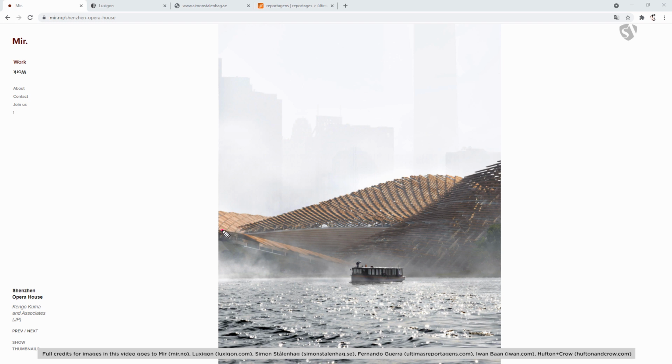And also the fact that this building is kind of horizontal underlines its weight. Okay. And it's a game of differences.